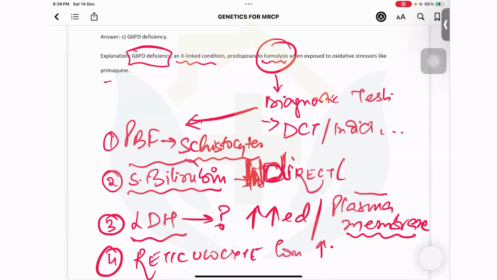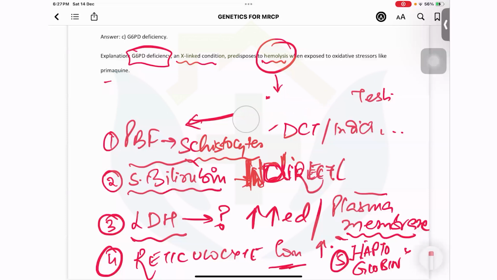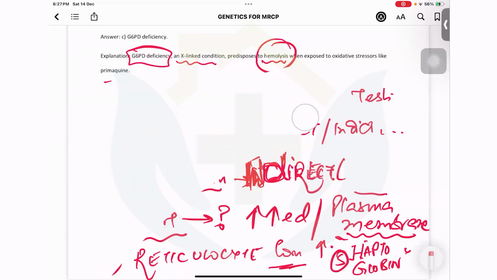And when hemolysis happens, a protein that binds free hemoglobin is consumed. Haptoglobin levels will be reduced.